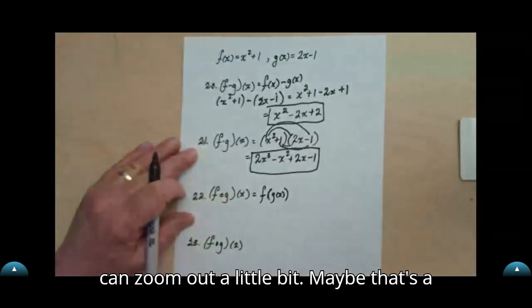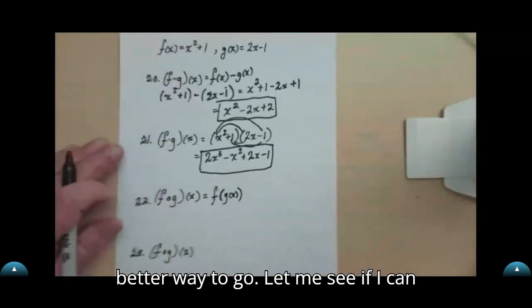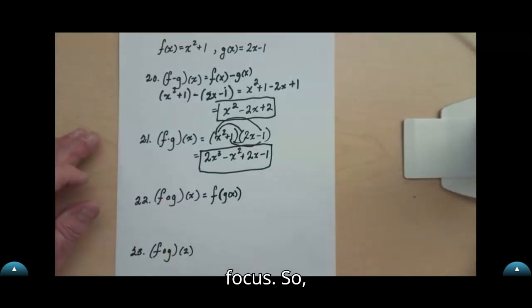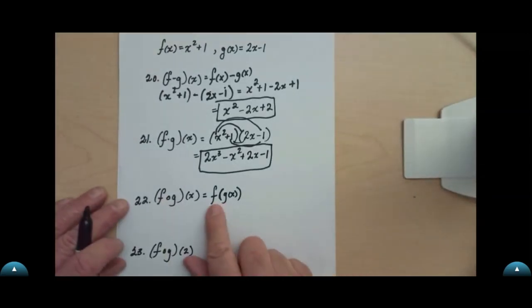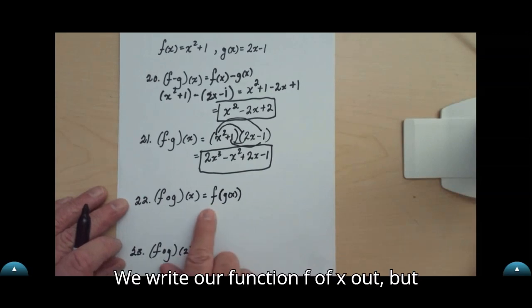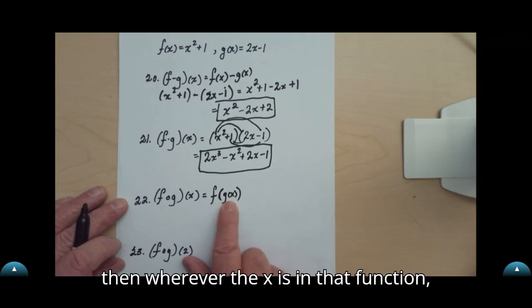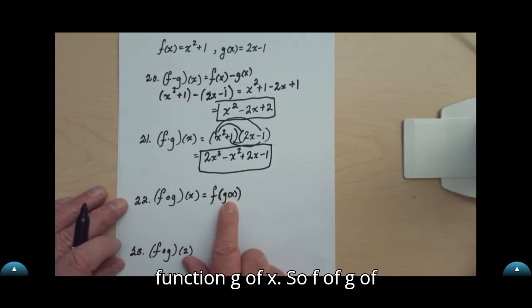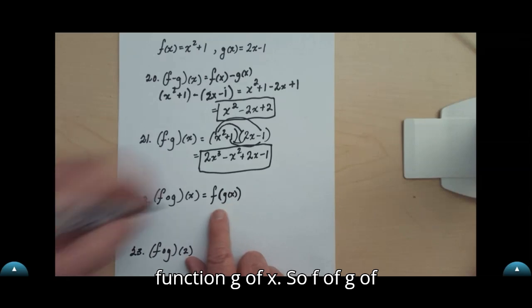So that helps us because it tells us, okay, we write our function f of x out, but then wherever the x is in that function, we got to replace it with the entire function g of x. So f of g of x.